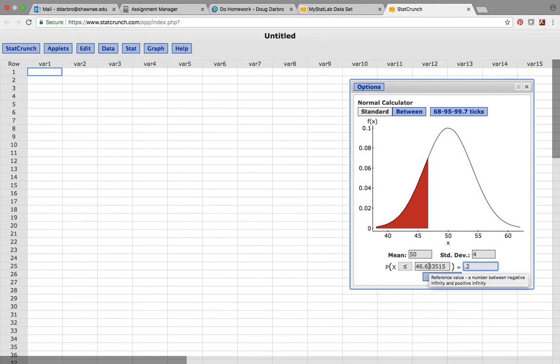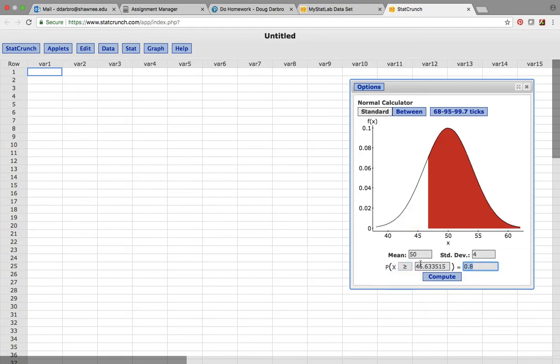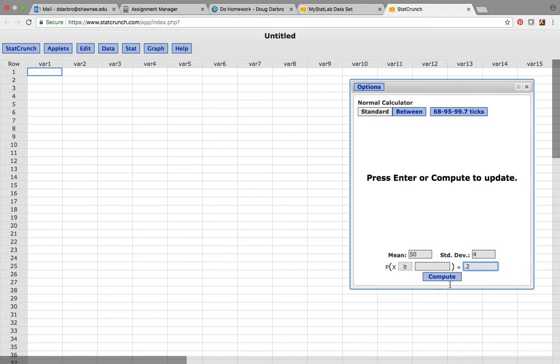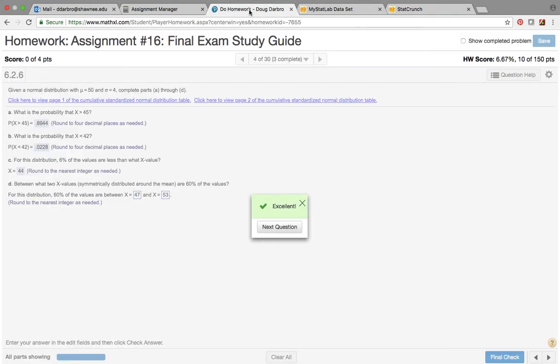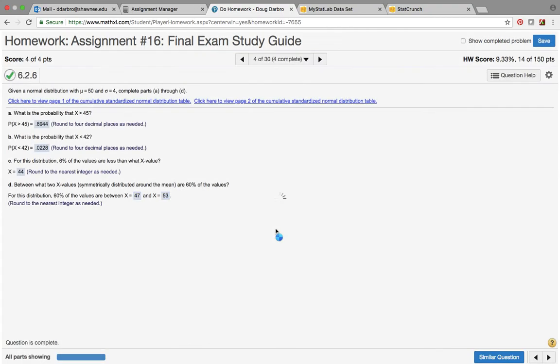And this is exactly why I go through and grade all of your final exams by hand, because you wouldn't need to miss just because of rounding. So I see it's 47, and then when we do the upper tail and put in 0.2, it would be 53, so 47 and 53. So guys, I got sloppy there. Sorry about that.